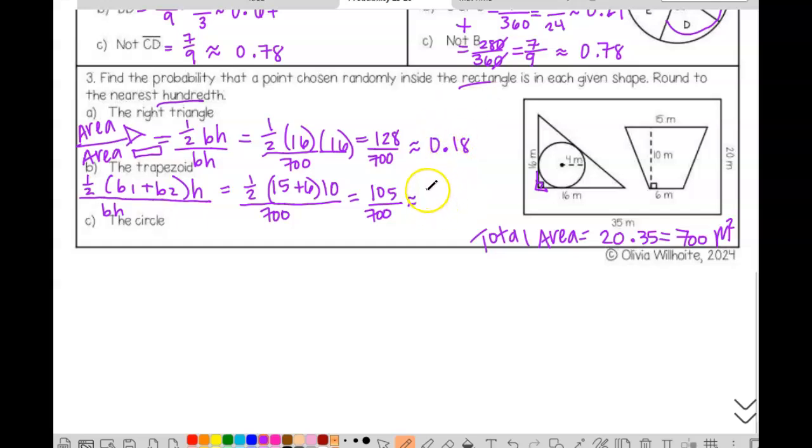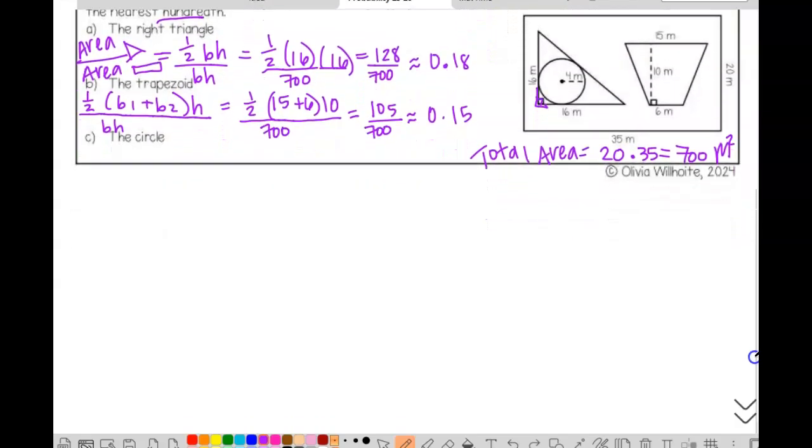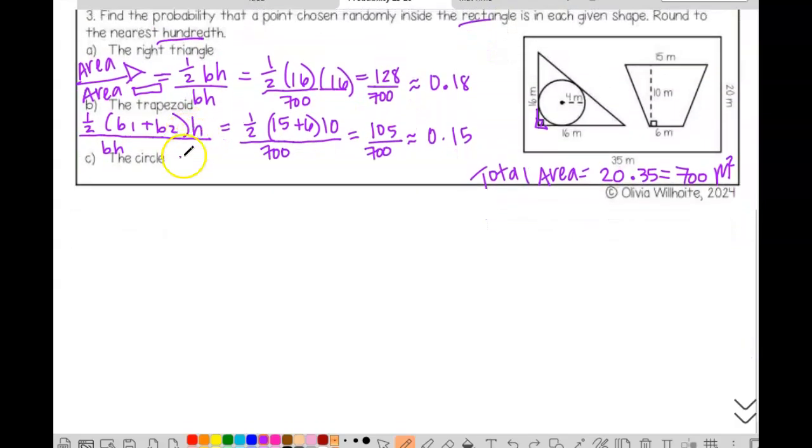The probability of landing in the trapezoid is 105 out of 700 for the area, so that is about 0.15. Good. So 15% is your probability.